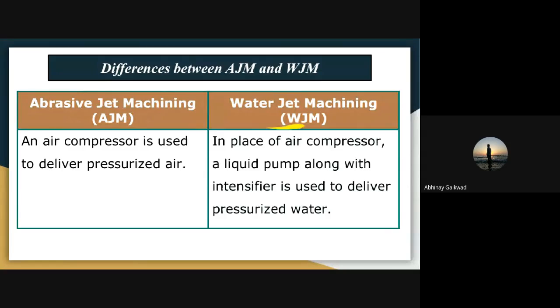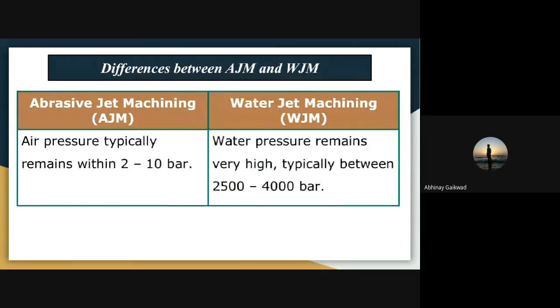Now in case of water jet machining, in place of an air compressor, a liquid pump along with an intensifier is used to deliver the pressurized water. Okay, the next point about abrasive jet machining is that air pressure typically remains between 2 to 10 bar.